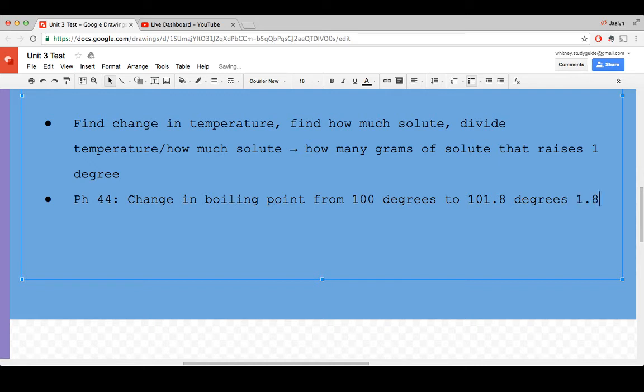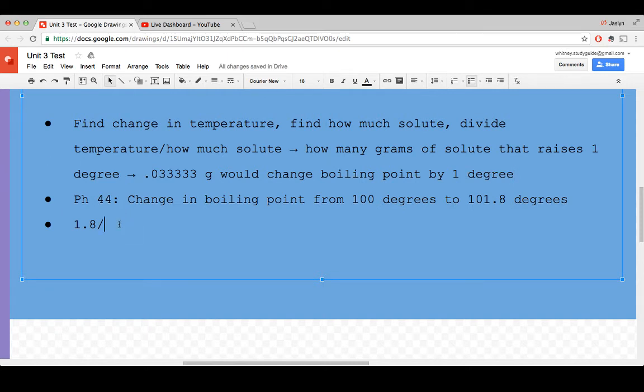And in total, you'd need, so we know from this, in that specific problem, 54, or about 0.0333 grams would change the boiling point by 1 degree.